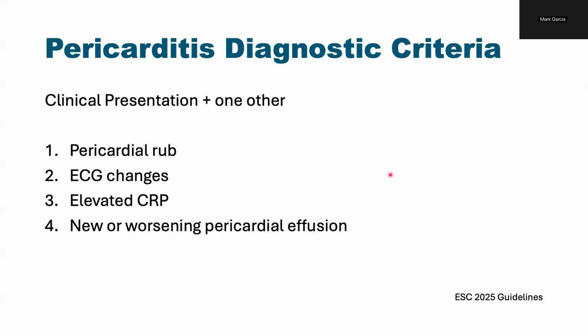Just maybe to finish up, there's a European Society of Cardiology guideline that came out last year, 2025, which gives you diagnostic criteria for pericarditis, which is essentially a clinical presentation typical of pericarditis, the chest pain, which might be sharp and might be pleuritic, plus one other of these: a pericardial rub, ECG changes, which we've talked about, elevated CRP, or a new or worsening pericardial effusion.